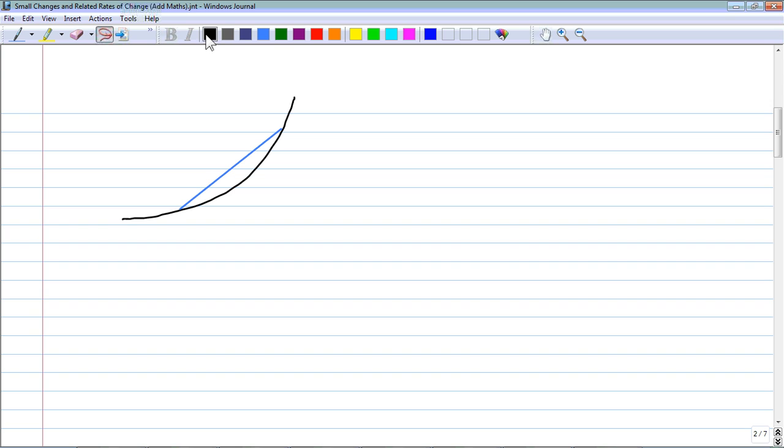The idea of differentiation was that the gradient of the tangent at some particular value of x, x0, here's the tangent, and the gradient of the secant line get closer and closer together as our change in x gets smaller and smaller.